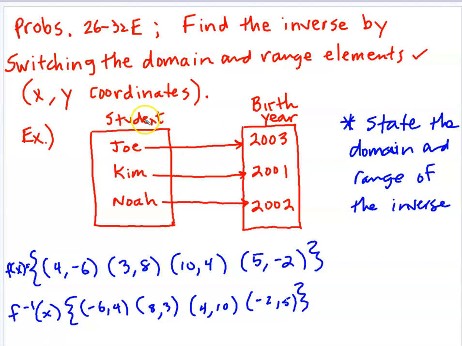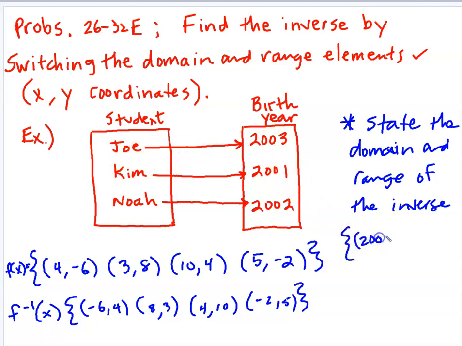With this mapping diagram, you can think of student as the domain and birth year as the range. So if you want to just go ahead and put these as ordered pairs, you're basically switching places with these.